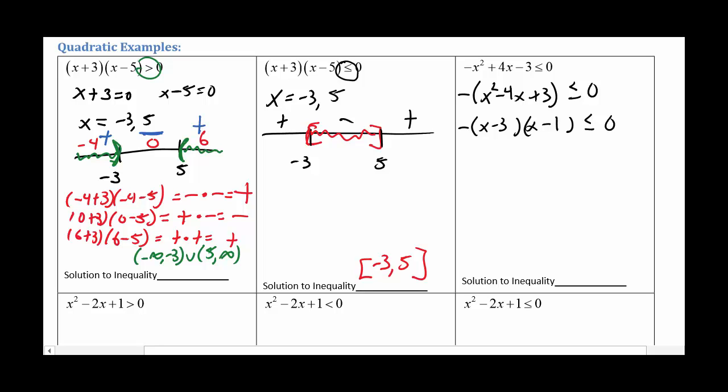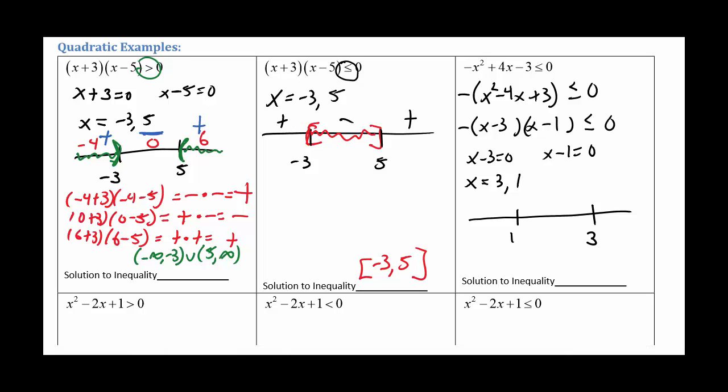And then I want to solve for where it equals 0. So I want x minus 3 equals 0 and x minus 1 equals 0. And that gives me 3 and 1. Okay, so on my number line, that's what I'm going to label, that 1 and that 3.